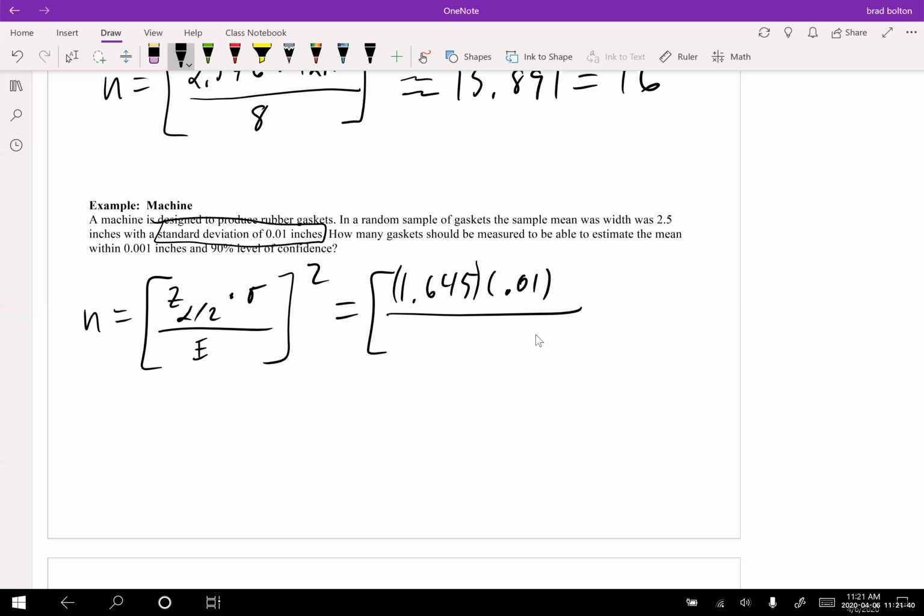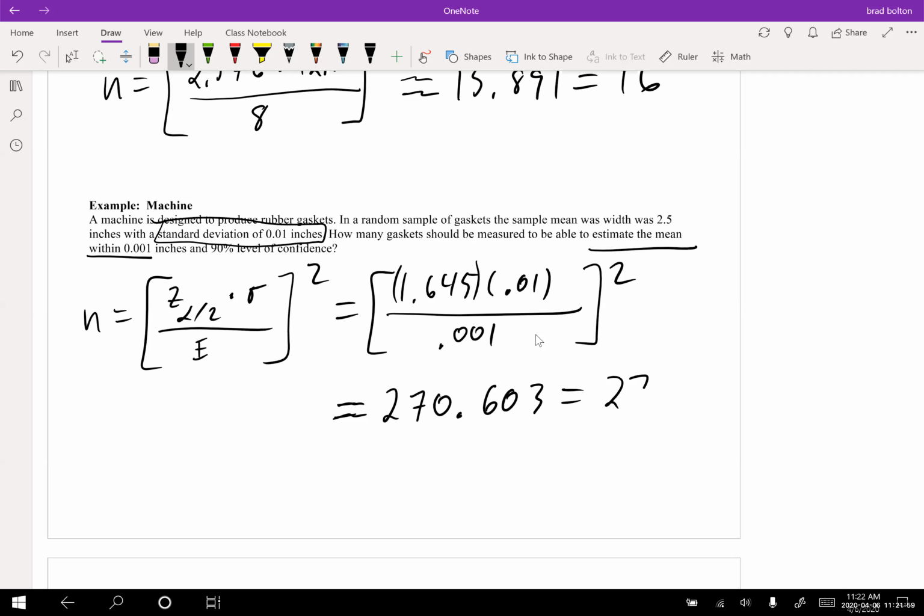They want to estimate the mean within 0.001. So when you say within this amount, that's normally your error. Square that. And I believe you get approximately 270.603. So we're going to call that 271 gaskets.